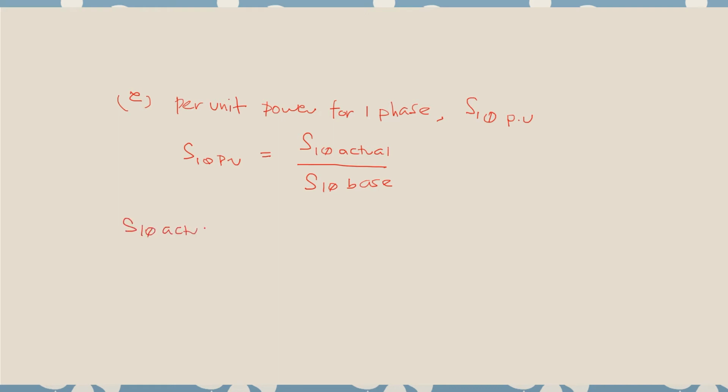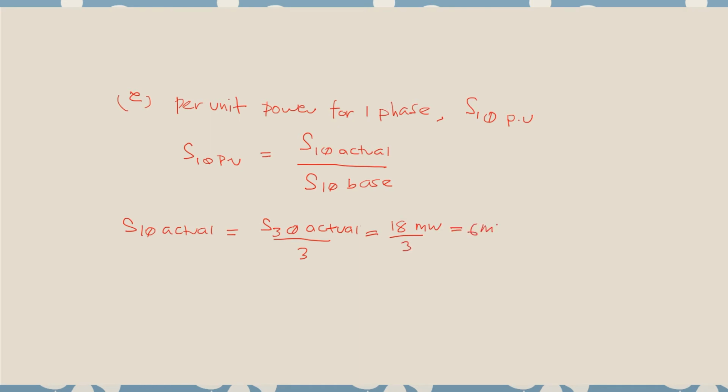Let's calculate the power for single phase actual first. You're given the power for three phase actual in the question, and you divide by 3 to get the single phase.